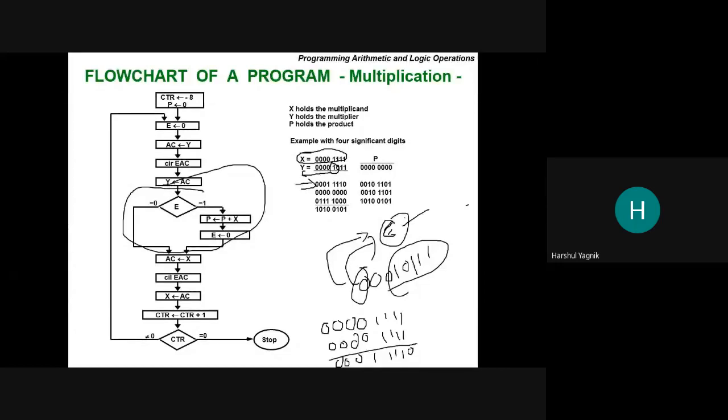In our previous discussion, we were using the carry flag. Circular shift involving a carry flag bit. Similarly, over here, there is a circular shift involving the E bit. Is that clear?